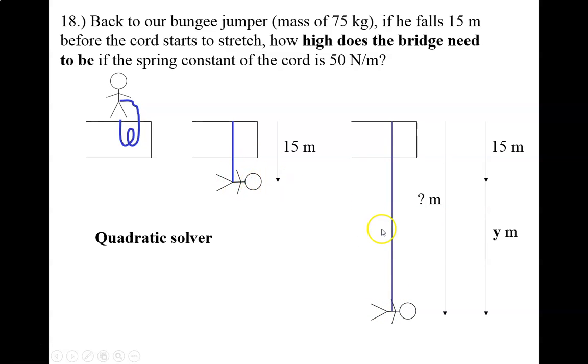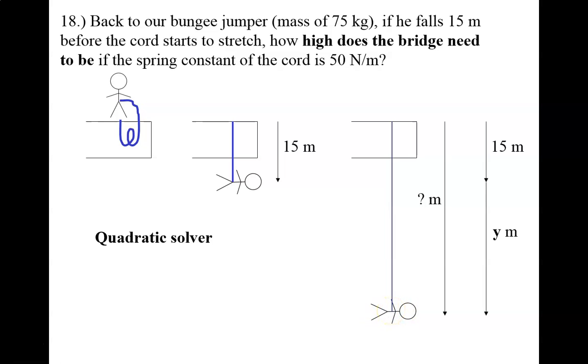It doesn't really matter to us except for the fact that the stretch is 15, or this extends 15 meters before it stretches. That's the natural length of it. Then when we reach the bottom, do we have any gravitational potential energy? No, because we consider this to be our 0 ground state. Do we have any spring energy?